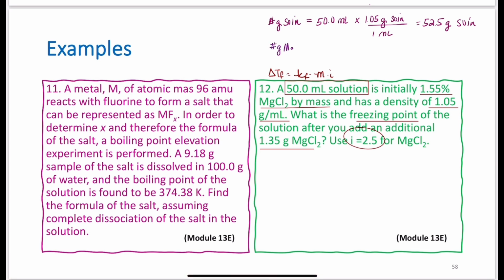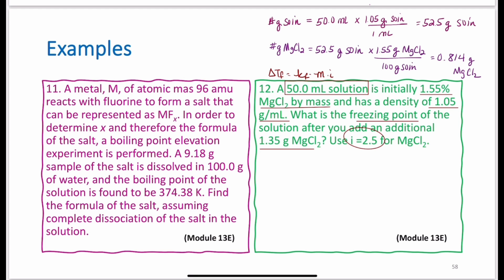Number of grams of magnesium chloride. If I have a 52.5 gram solution, I've got 1.55 grams of magnesium chloride for every 100 grams of solution. So I have 0.814 grams of magnesium chloride in my solution initially, and then added some to it.